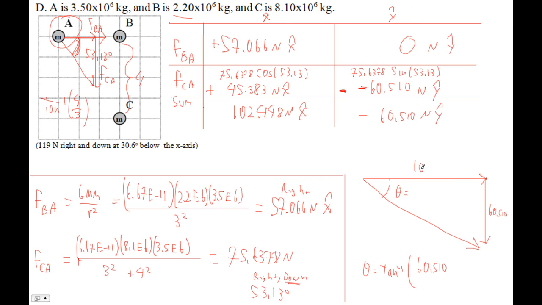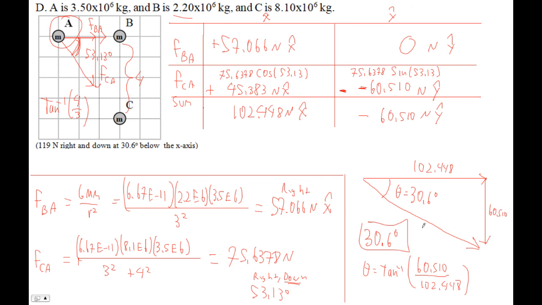This side is 102.448. Okay, so inverse tan of the 60 guy divided by the 102 guy. 30.567. So 30.6 degrees is this angle.